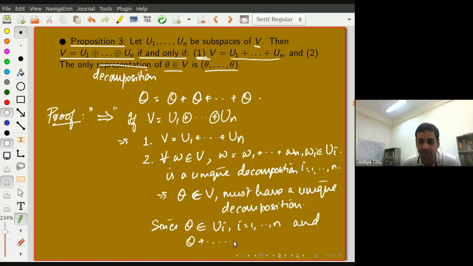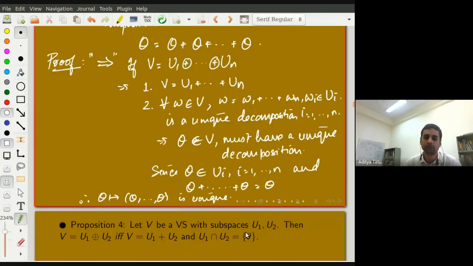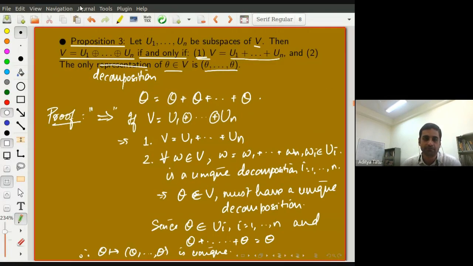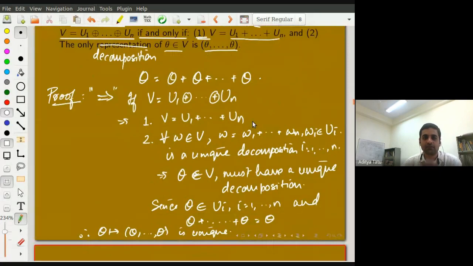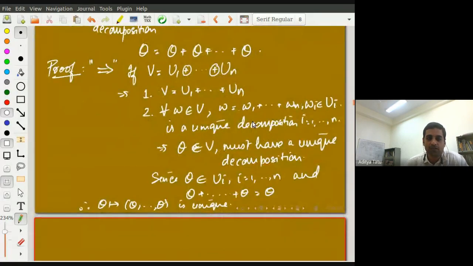Theta plus theta, and so on, n times is theta, and therefore this decomposition of theta into n thetas is unique. Okay. So this is half of the proof done.